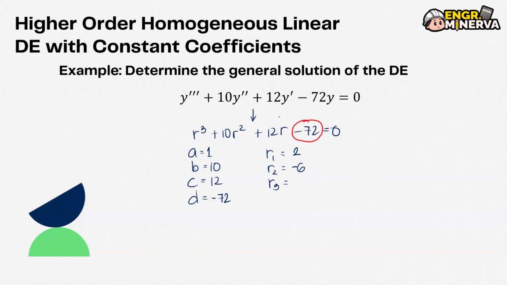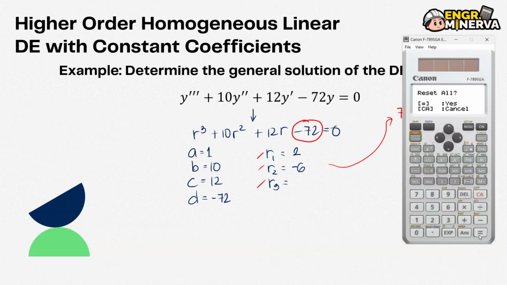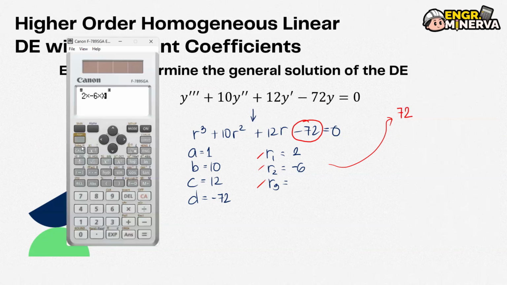You transpose it to the other side of the equation, or just change the sign. Negative 72 would now be 72. Take note that if you multiply the three roots, it must result in 72. So if I multiply the three roots, 2 times negative 6 times, I don't know what the third root is, that must be equal to 72.